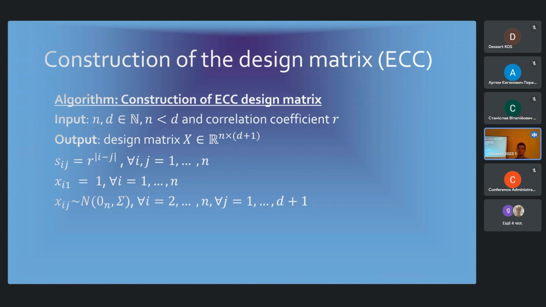First, we calculate the values of sigma according to the correlation coefficient R, and then we calculate the values of X using probabilistic methods.